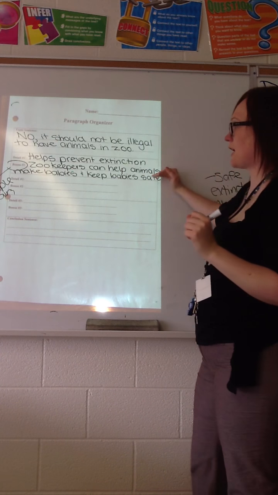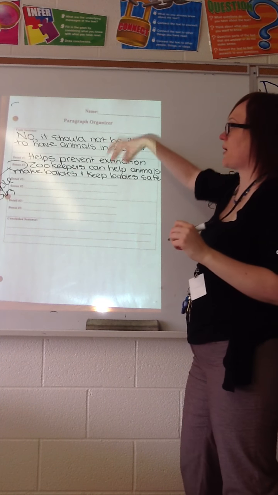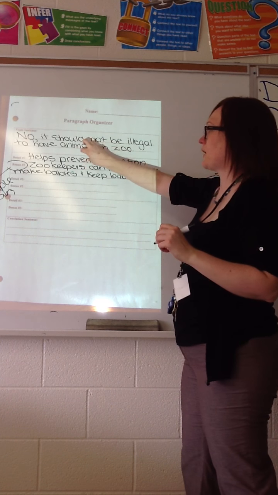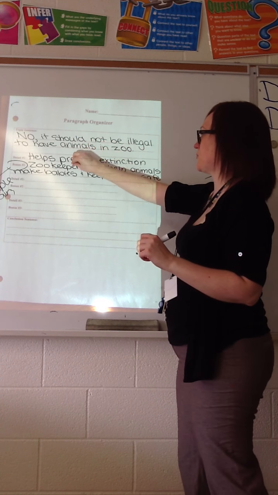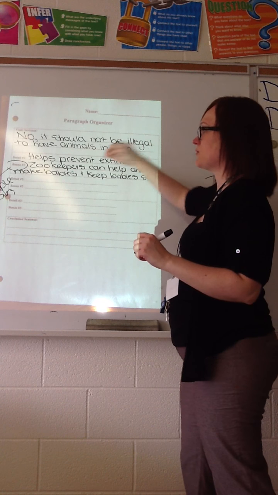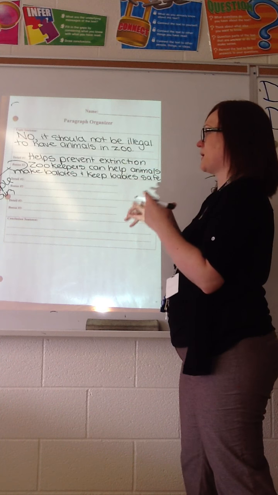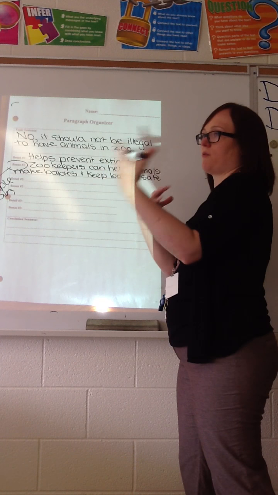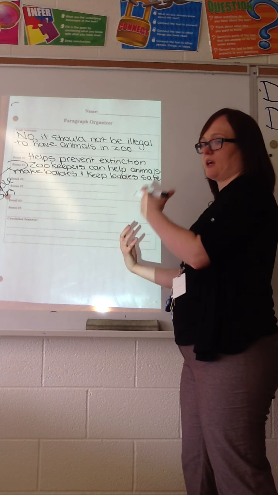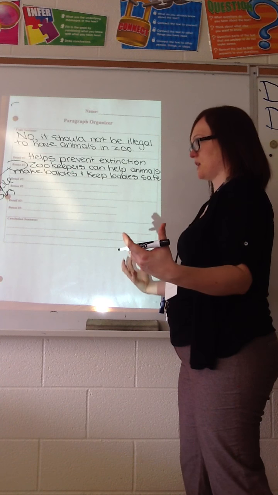So in my bonus, I explained more what I meant by how keeping a zoo open would help prevent animals becoming extinct. Because the zookeepers could help those endangered animals make babies and then keep the baby safe, and then those babies would grow to be animals, and we have more and more of those animals rather than them all being killed and an animal becoming extinct.